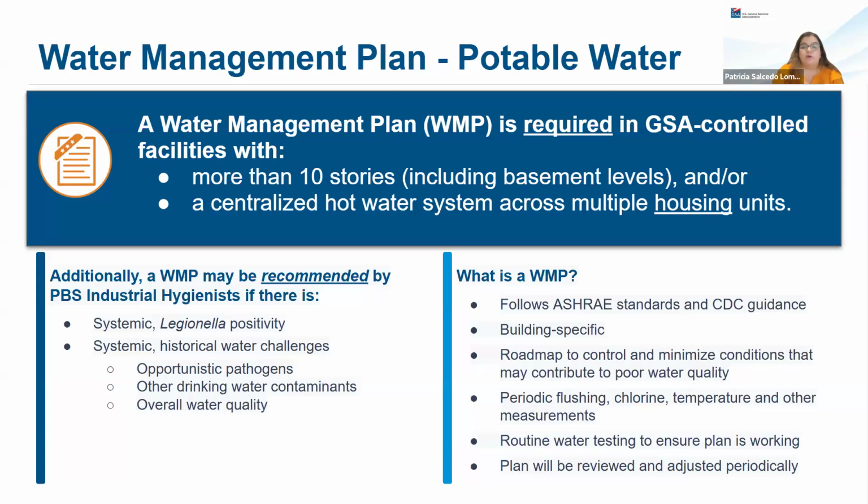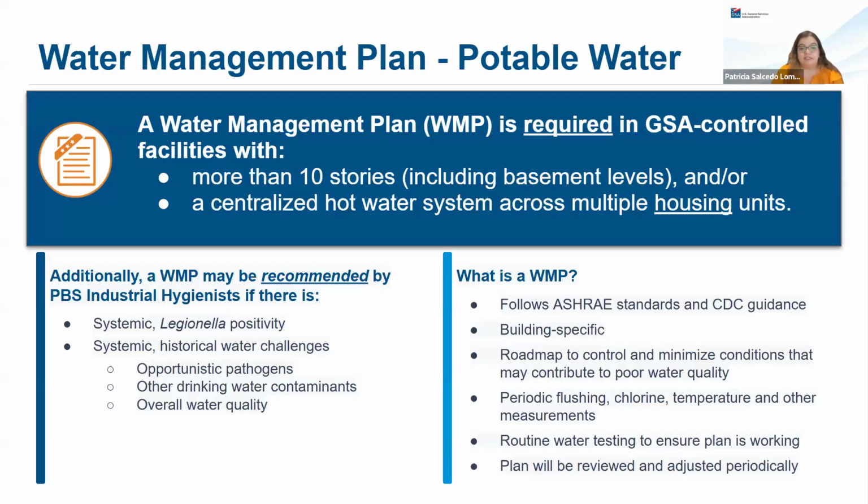And furthermore, what is the water management plan? How are we using it and what are we following? We are following ASHRAE standards and CDC guidance. It is building specific. Essentially, it is a roadmap to control and minimize conditions that may contribute to poor water quality within a building.